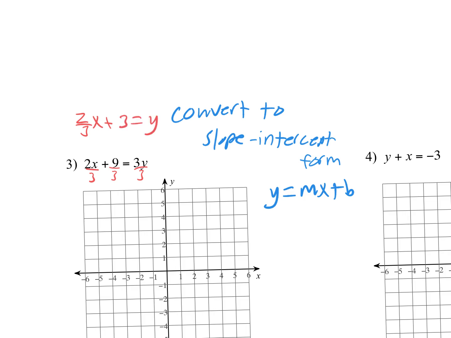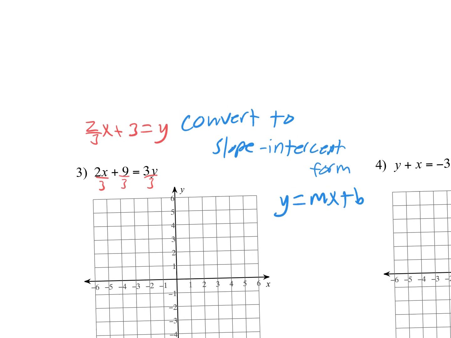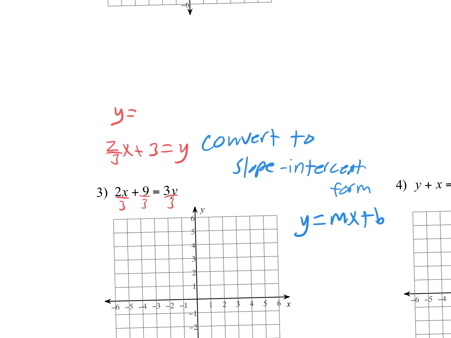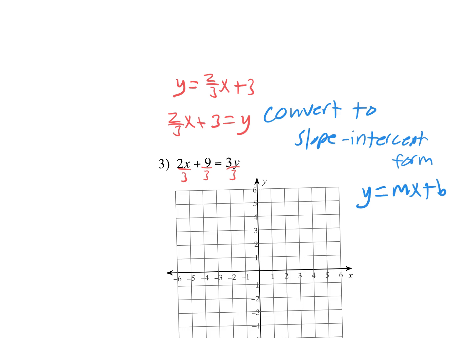It's backwards, but it is in slope-intercept form. If you don't like that it's backwards, you can rewrite it into y equals 2/3 x plus 3. That's fine. What's the slope here and what's the y-intercept? Okay, good. So your slope is 2/3, and that must mean your y-intercept is your constant, which is 3.